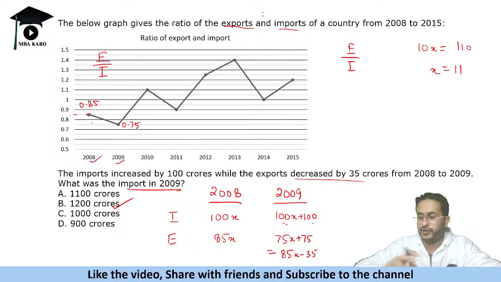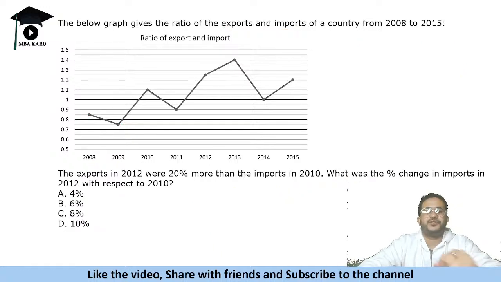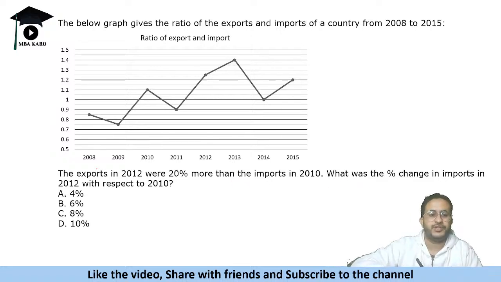Okay. So if you are not able to figure out the logic, now you know the logic, and please answer the remaining questions using this logic. It says the exports in 2012 were 20% more than the imports in 2010. What was the percentage change in imports in 2012 with respect to 2010?